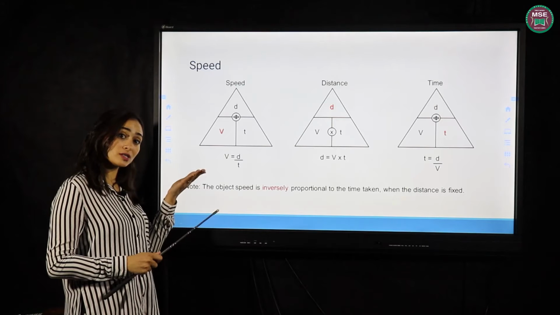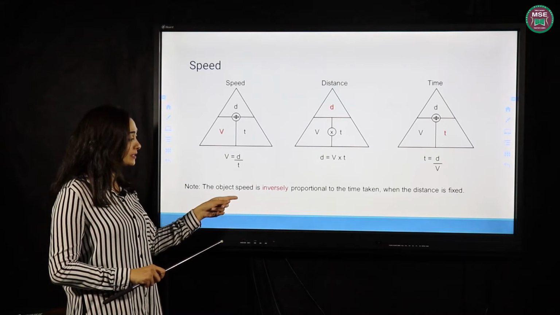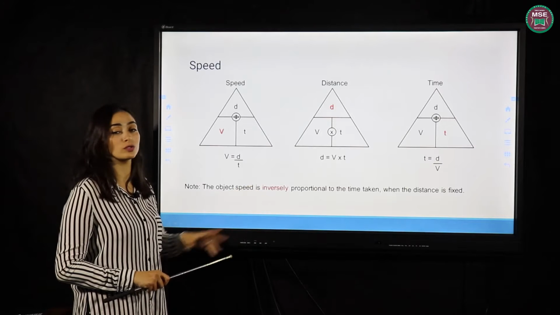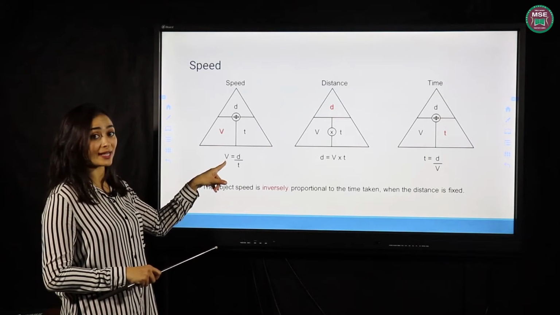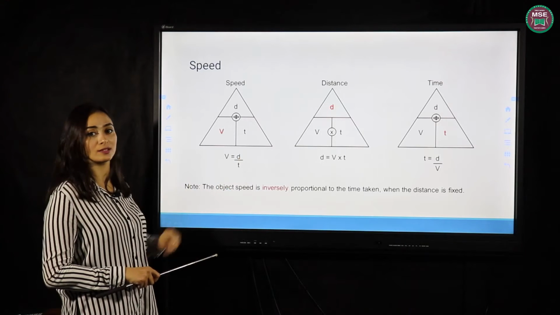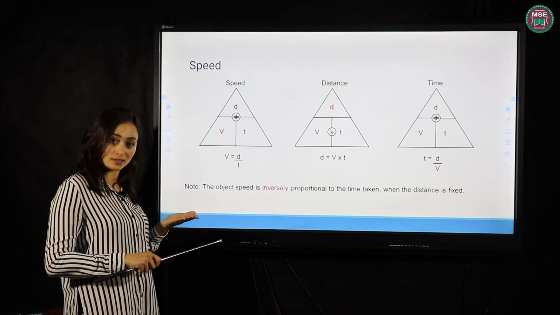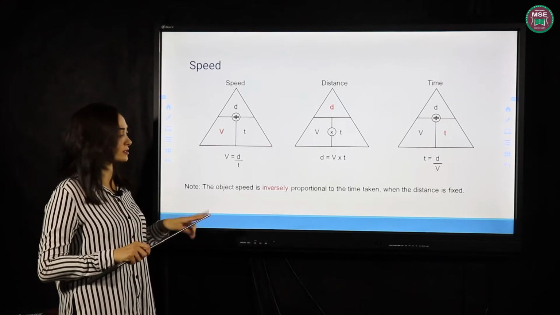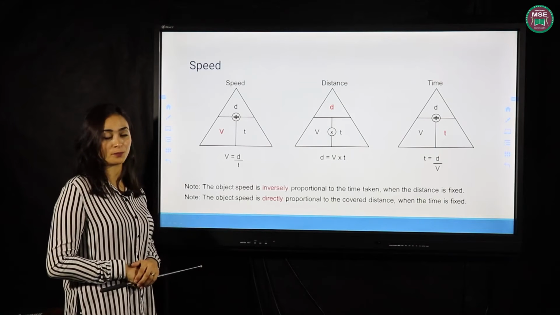When the speed increases, time decreases. Why? Because speed is inversely proportional to the time taken, while speed is directly proportional to the distance. So when speed increases, the distance also increases, and the relation between them is directly proportional.